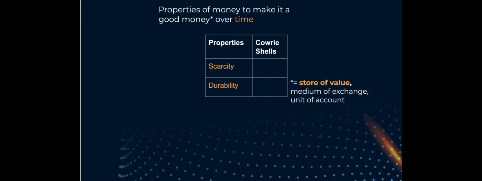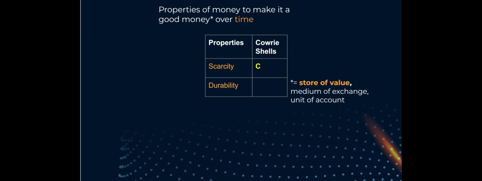For this presentation, we will rate each money using a grading system, from F being the worst grade to A+ being the best. In terms of their scarcity, seashells just aren't that scarce. As they wash up on shore every year, they aren't hard to find more of and add to an existing supply of money. So for those reasons, we'll grade the scarcity of cowrie shells as C. As for their durability, cowrie shells are relatively delicate and prone to breakage or wear over time.